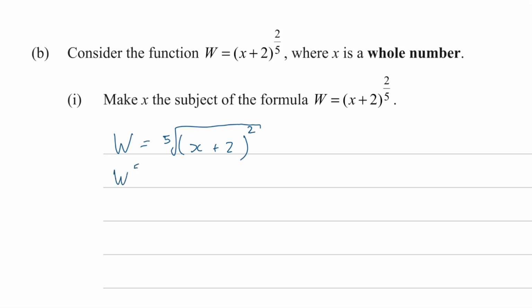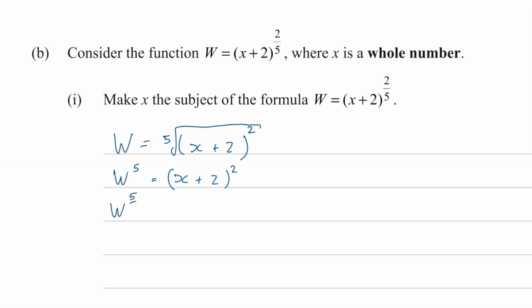So w to the power of 5 equals x plus 2 squared. Right, so I raise both sides to the power of 5. Now we can square root both sides to get rid of this power of 2.